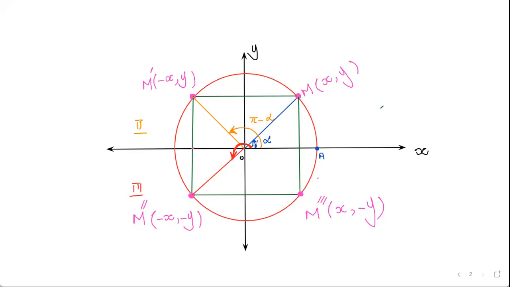And the measure of this angle, if this is alpha, the blue angle is becoming my reference. From the reference, I go to the third quadrant and I say the angle, which has the same characteristic of M, is pi plus alpha. You see, the red angle is pi plus alpha.